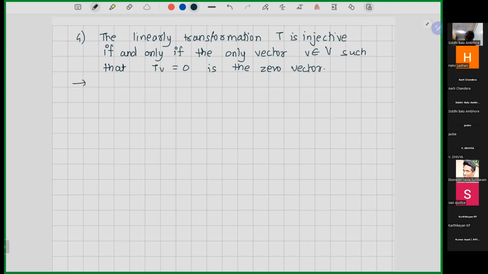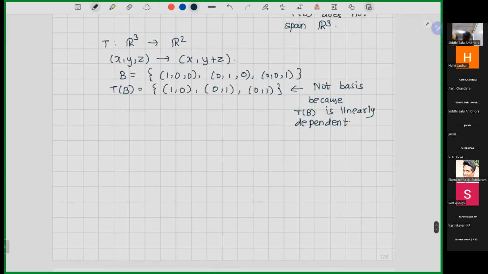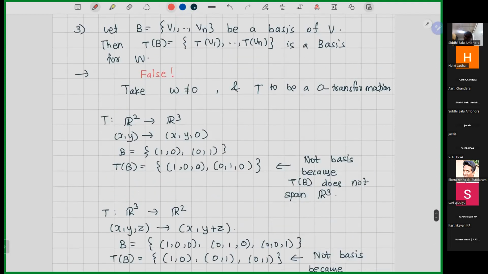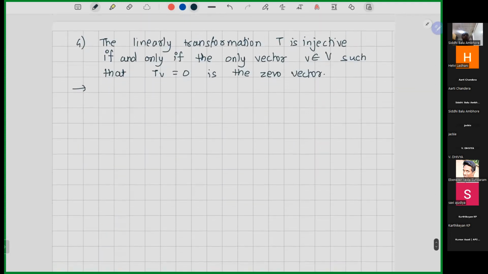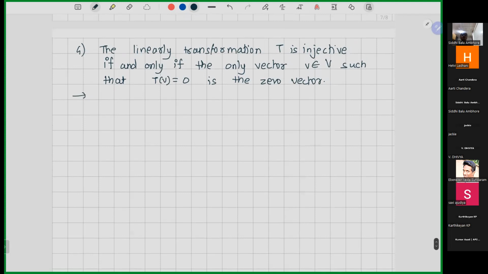What is your guess? Whether this is true or false? So this one was false, I already wrote that. Any guesses here? They are saying that T is injective if and only if 0 is the only vector such that T(v) is 0. T(v) is 0 means what? T of v is 0 under this linear transformation.